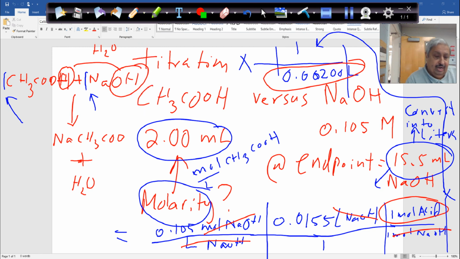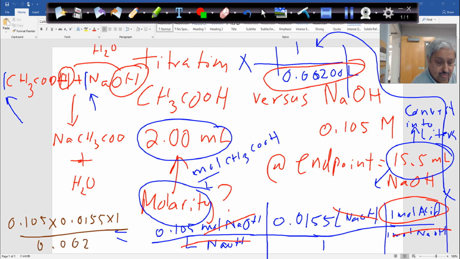So I have 0.105 multiplied by 0.0155 multiplied by 1, and then the whole thing divided by 0.00200. This is mole, this is liter, mole per liter.